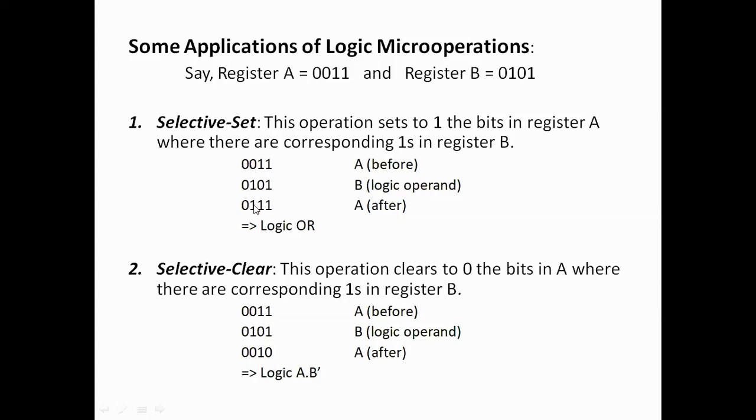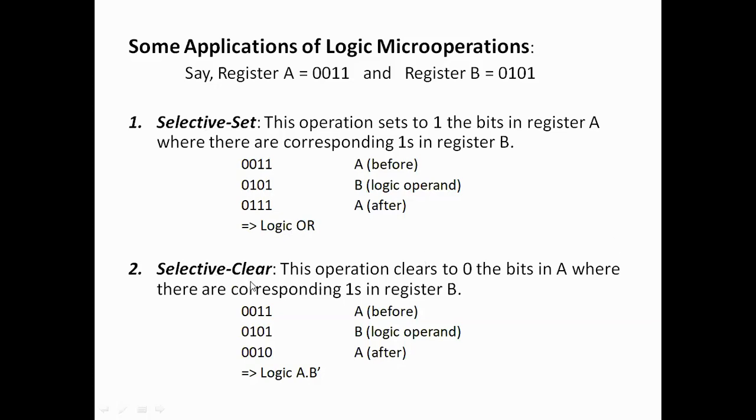For 0 1, it is 1. For 1 0, it is 1. For 1 1, it is 1. So we know that this is the truth table of logic OR. So that means we can use the OR logic microoperation to perform selective set of any register.